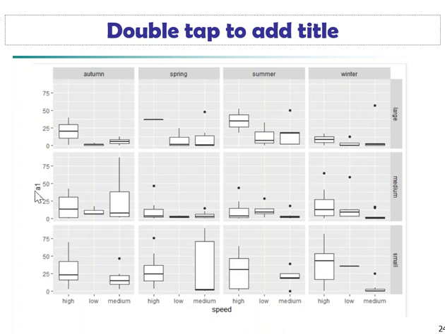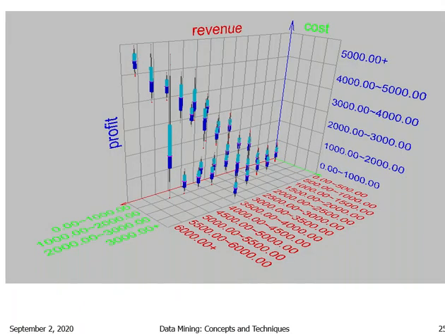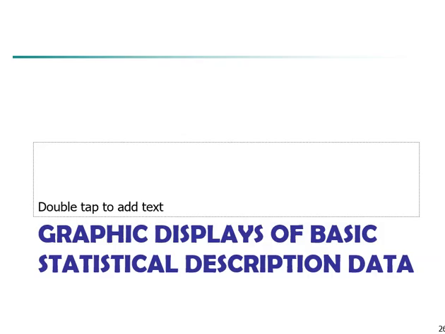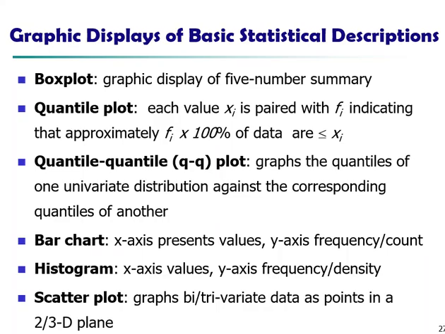So A1 concentration under the three combination conditions was not normally distributed. There are other ways, 3D and other ways, to plot box plots. I'm going to stop here and start a new video to cover other graphic displays of the basic statistical descriptions.